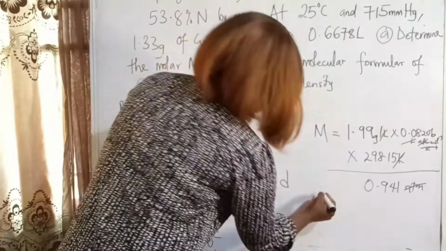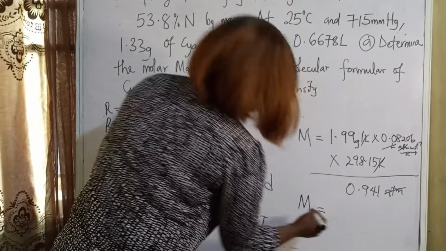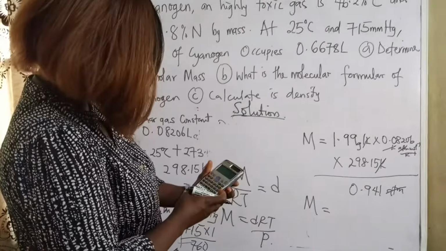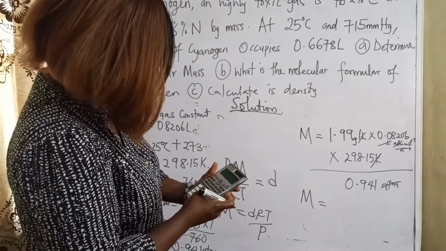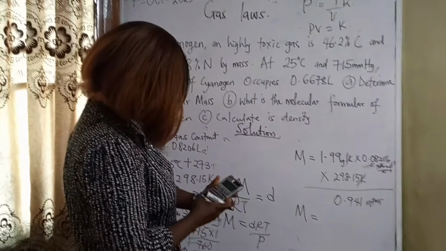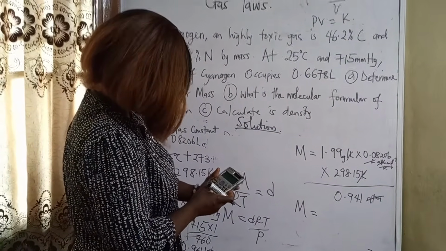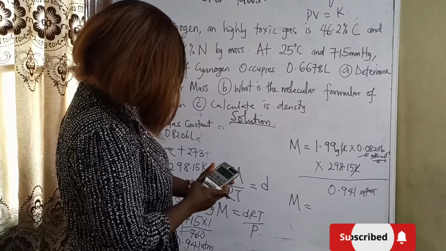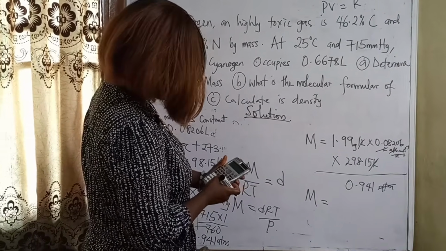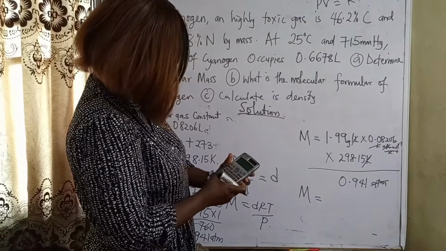has been confirmed as M equals to, so let's press our calculator, 1.99 times 0.08206 times 298.15 divided by 0.941.